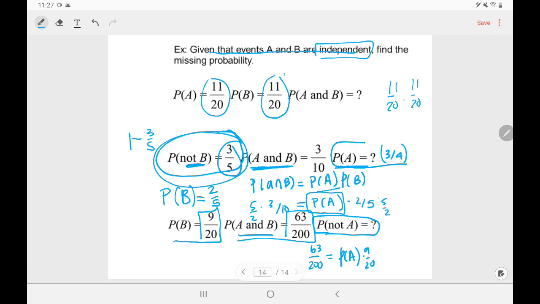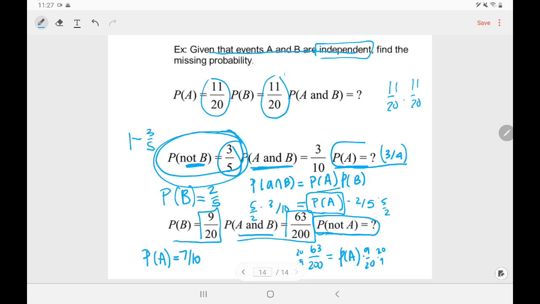I'm going to solve this equation by multiplying both sides by 20/9. When I simplify, the probability of A happening is 7/10.